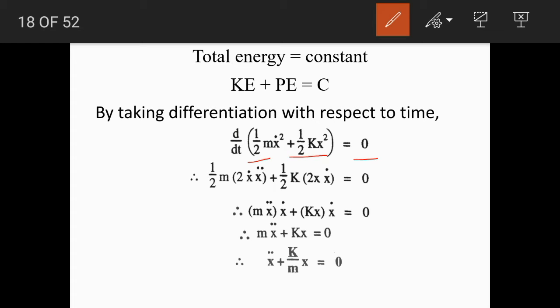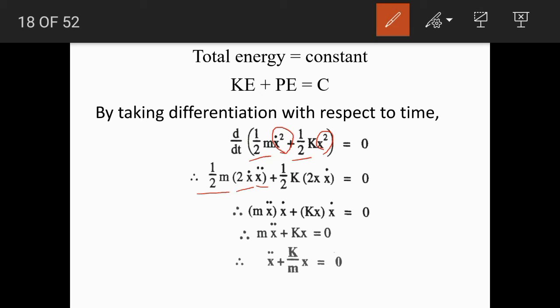Now we are going to differentiate this equation. Here 1/2 m and 1/2 k are constants. We need to differentiate x dot square and x square with respect to time. So with 1/2 m constant, the differentiation of x dot square is twice x dot into the differentiation of x dot, that is x double dot, plus 1/2 k constant.